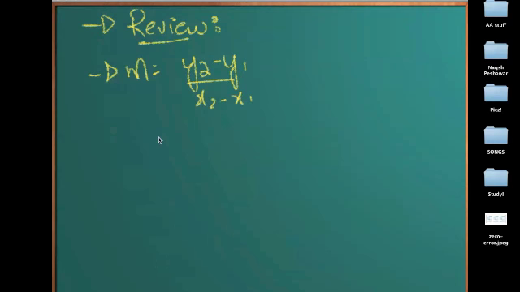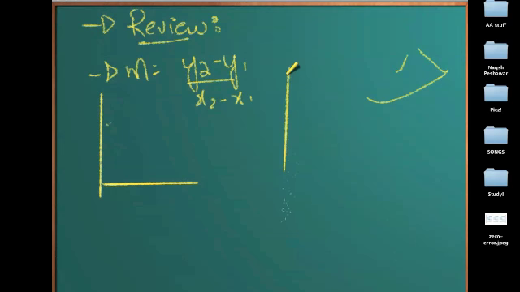Let's see 2 examples. One line here and one line here. Okay, now let me see.